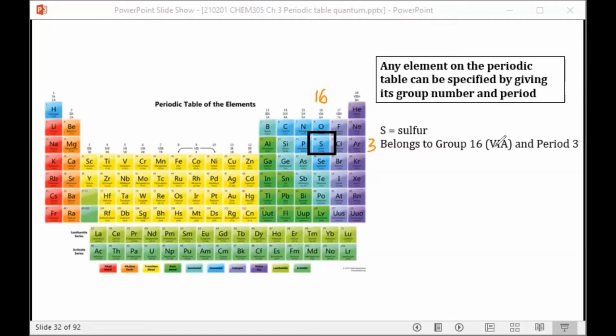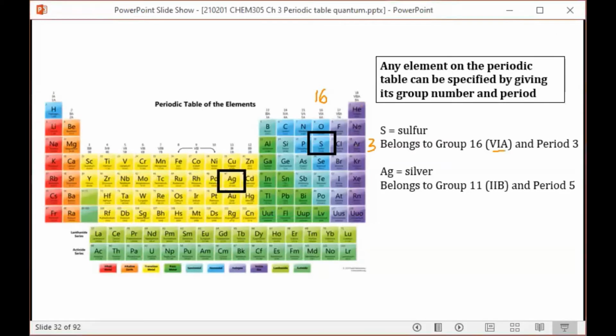So group 16, or 6A, period 3. And again, the rows we call periods, and the columns we call groups. So any element on the periodic table, you can specify just based on its coordinates. And again, I like thinking of playing the game Battleship. I should actually come up with a periodic table Battleship game. That'd be kind of cool.